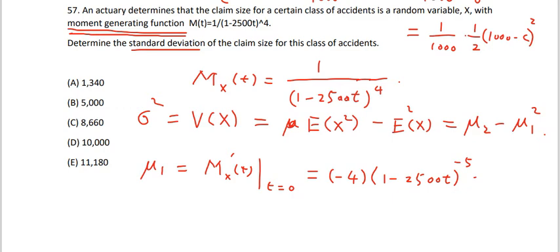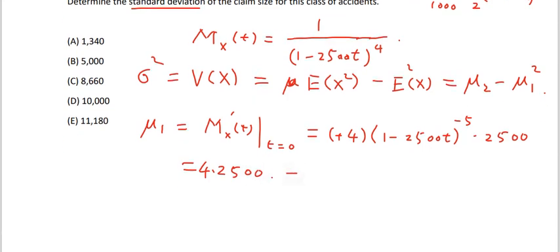Here is negative 2500, so negative times negative becomes positive. So we can find mu1. Mu1 equals, letting t equal 0, 4 times 2500. So mu1 actually equals 10000.